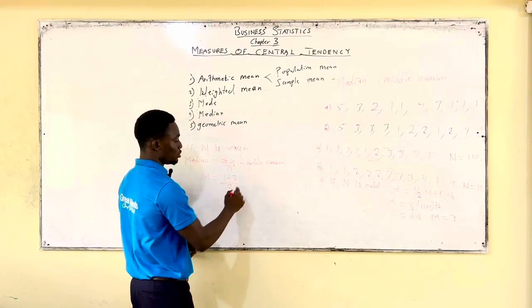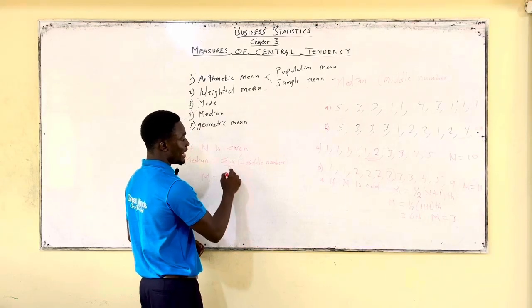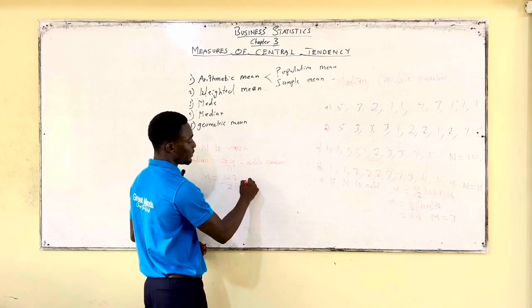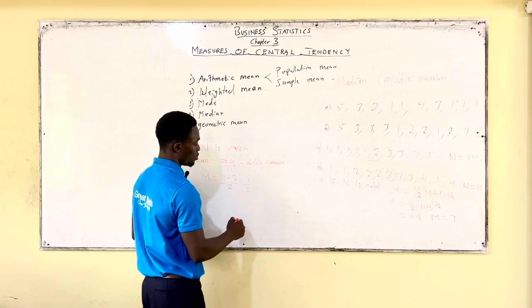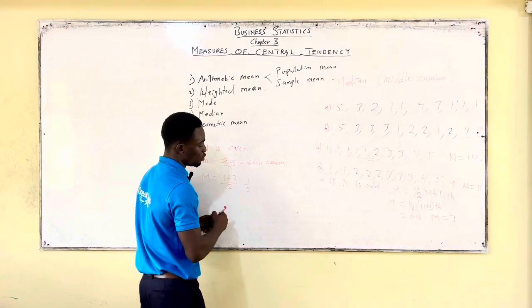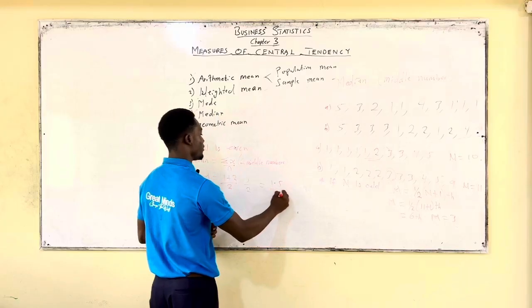Do you get it? And mind you, this is not position. So this is 3 over 2, and that's going to give you 1.5.